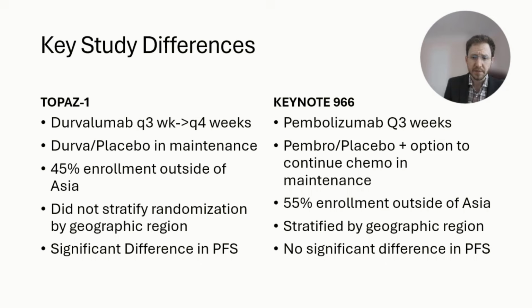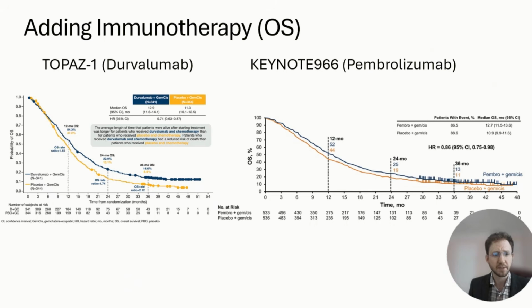Some differences in the patient populations, and in terms of secondary outcomes, TOPAZ-1 showed a progression-free survival benefit, while that was not shown in KEYNOTE-966. Both showed overall survival benefits. And that overall survival benefit primary outcome, the Kaplan-Meier curves are included on this slide.